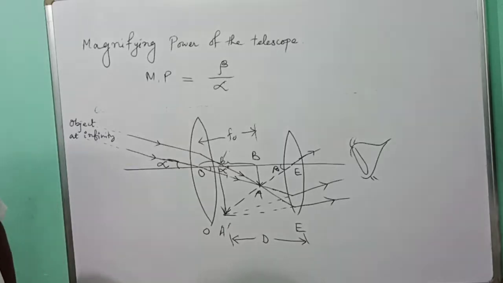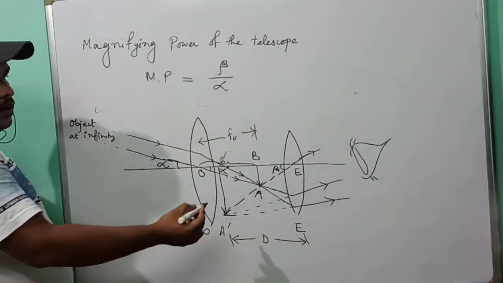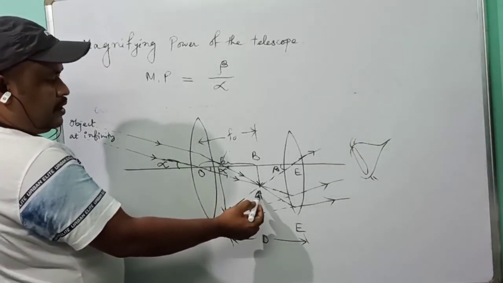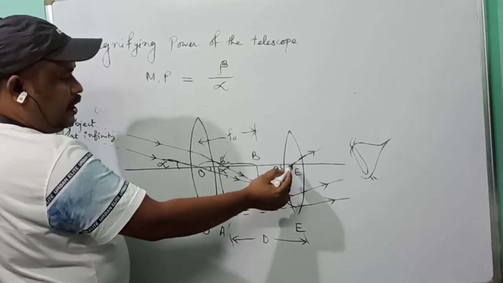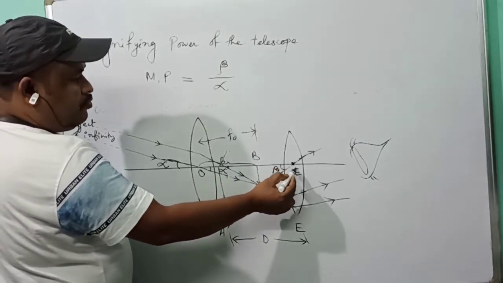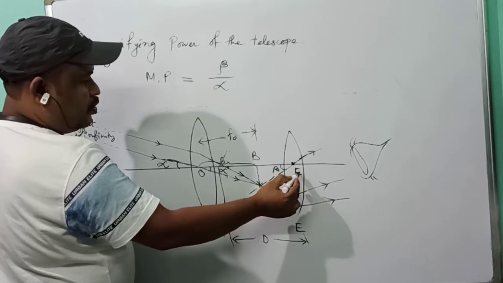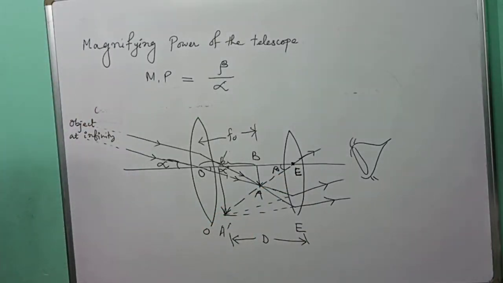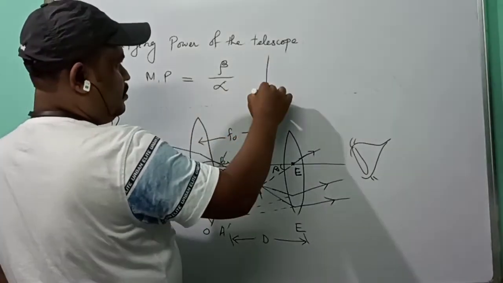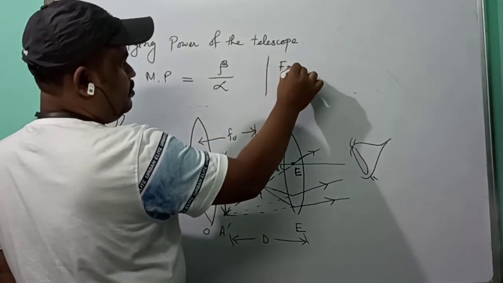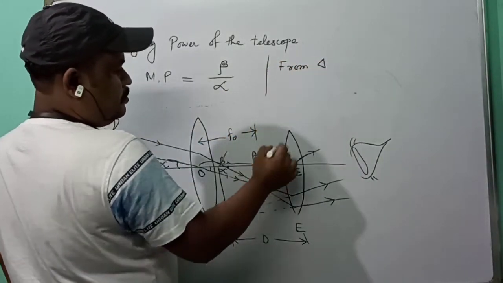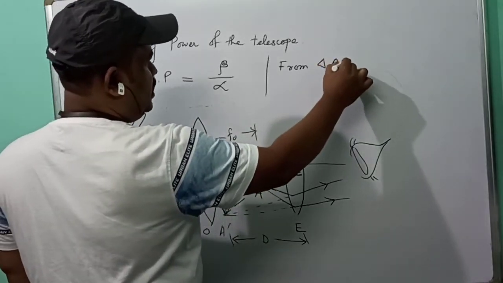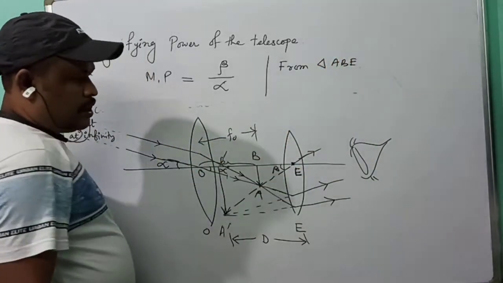Now see from triangle ABE, where E is the optical center of the eyepiece lens.